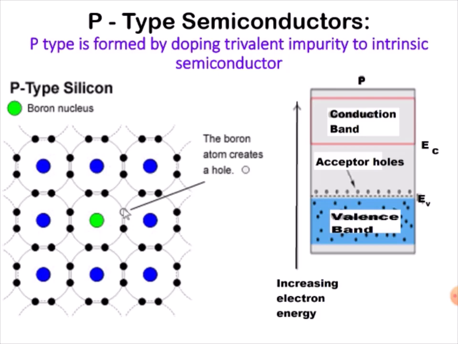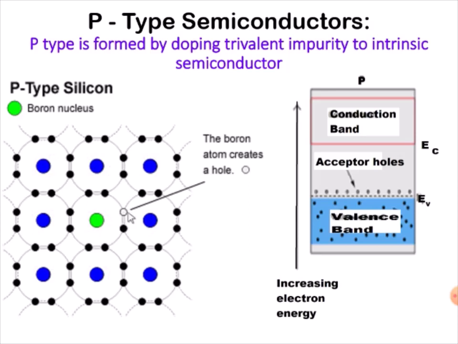We call that empty space of an electron a hole. So for each and every trivalent atom added onto this intrinsic semiconductor, there will be a hole created. So the number of trivalent atoms added will be equal to the number of holes created.